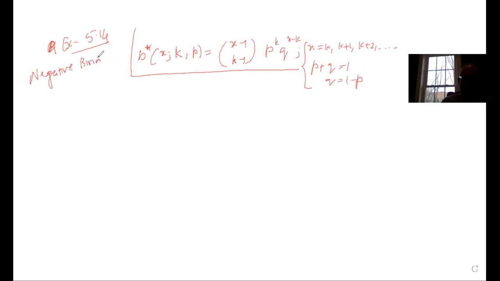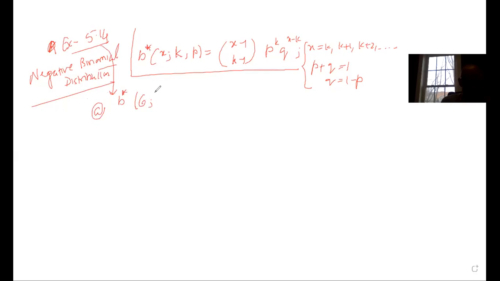Negative binomial distribution, right, guys? Now let me go for this example. Part A asks, what is the probability that team A will win the series in 6 games? So let me write B star, now 6 games, meaning the number of trials is 6, and here we have the kth success.